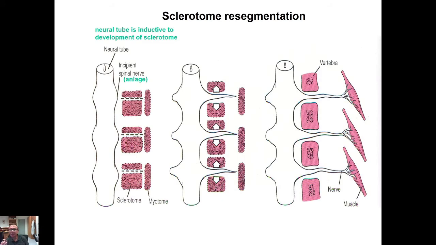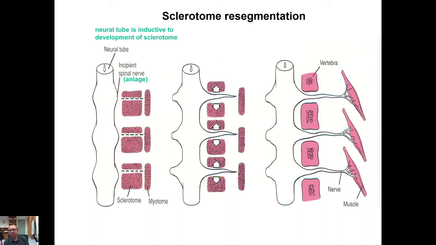Sclerotomes have to resegment. Resegmentation of the sclerotome is very important for the formation of the vertebral column. If the sclerotome doesn't resegment, the vertebral column wouldn't be stable and we wouldn't move, never.